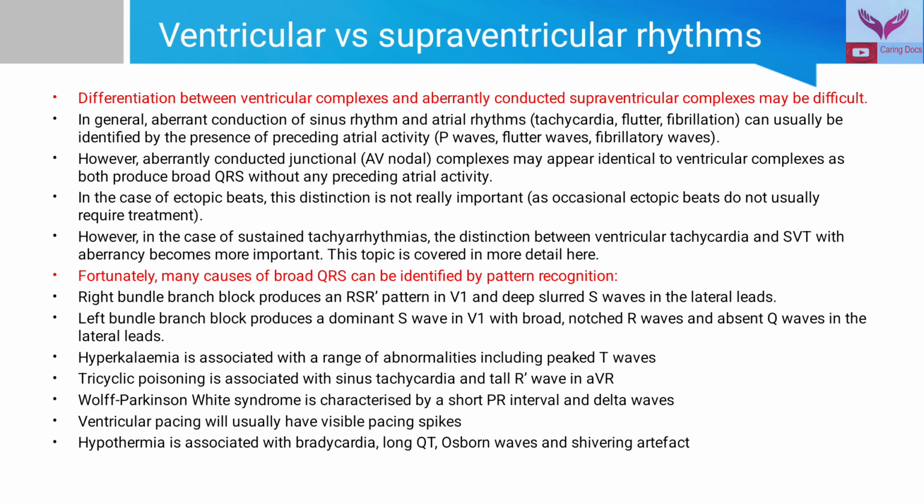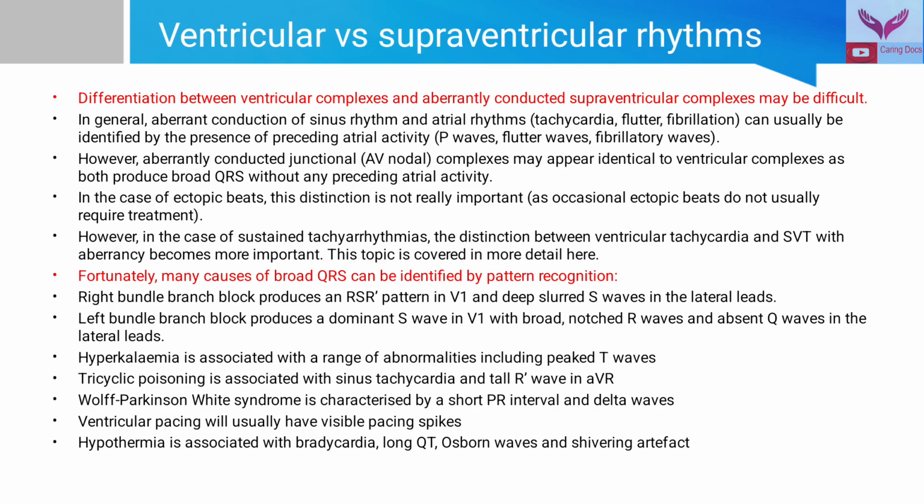For example, right bundle branch block produces an RSR pattern in the V1 lead and a deep slurred S wave in the lateral leads. The left bundle branch block produces a dominant S wave in V1 with a broad notched R wave and absent Q waves in the lateral leads. Hyperkalaemia is associated with a range of abnormalities including peaked T waves.